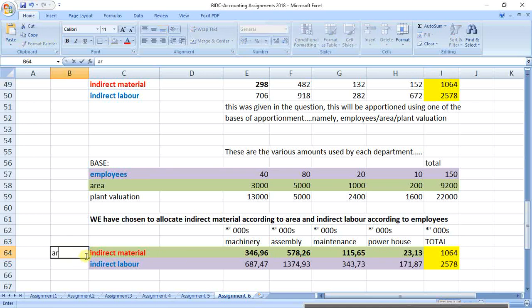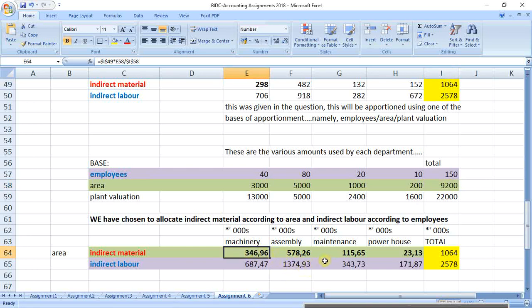Based on area, that's what we said. This is the total. How much area or space does the business take up? 9,200. How much space is allocated to the first department, machinery? 3,000. So this total times 3,000 divided by 9,200 gives you that answer.